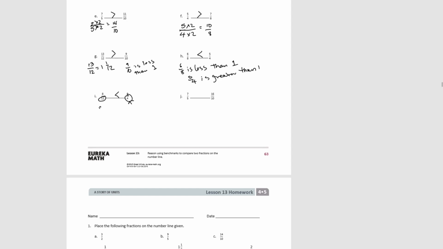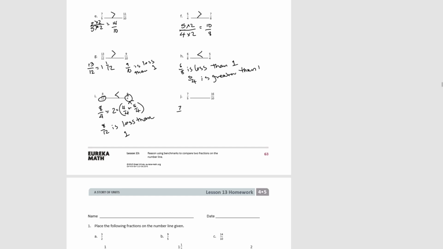Also, 8/4 is equal to 2. 4/4 plus 4/4 would be equal to 2, whereas 8/12 is less than 1. So that's another logic as to why 8/12 is less than 8/4. And pause the video and try the last one.